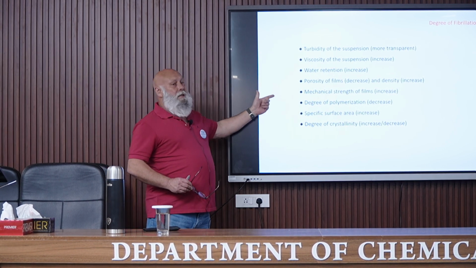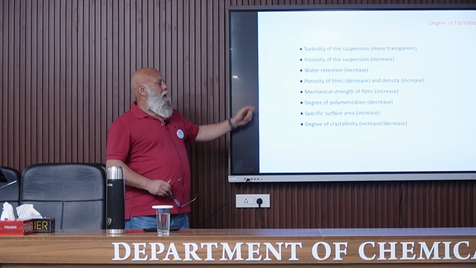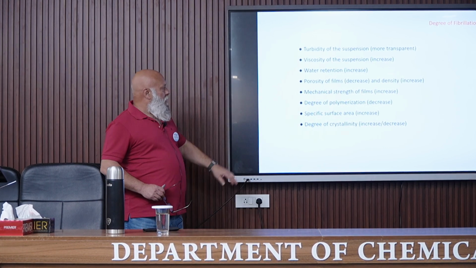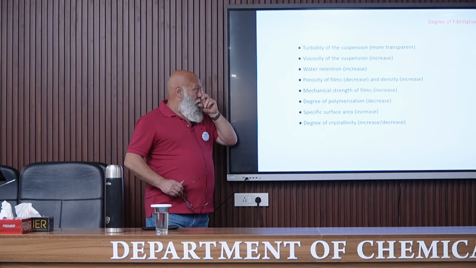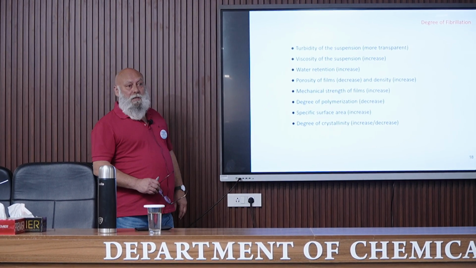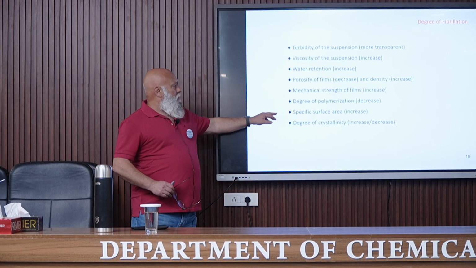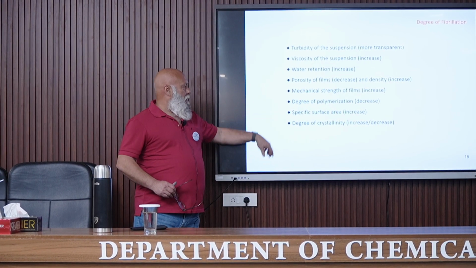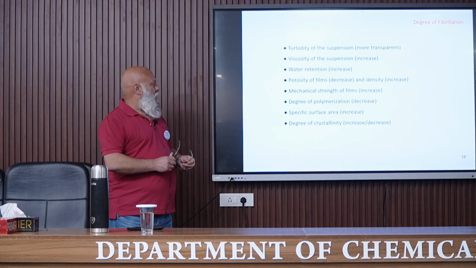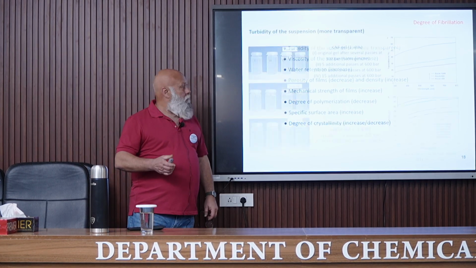The porosity of the film obtained by casting evaporation decreases, and then the density increases. The mechanical strength of the film increases. The degree of polymerization decreases. The specific surface area, of course, increases. And for the degree of crystallinity, sometimes it increases, sometimes it decreases.